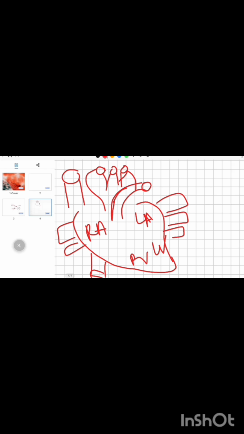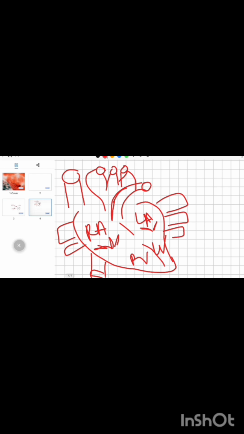So between the right atrium and right ventricle, we have a wall which is known as a tricuspid wall, and between the left atrium and left ventricle, we have the bicuspid wall, and between the right and left atrium, we have the interatrial septum, and between the right and left ventricle, we have the interventricular septum.